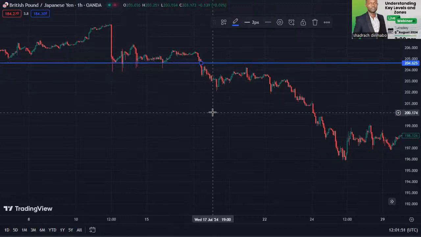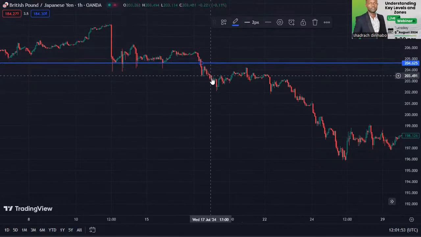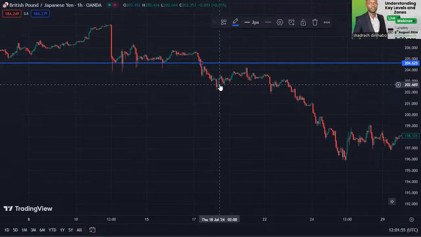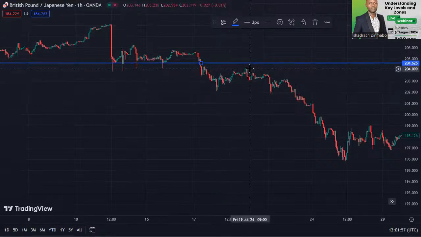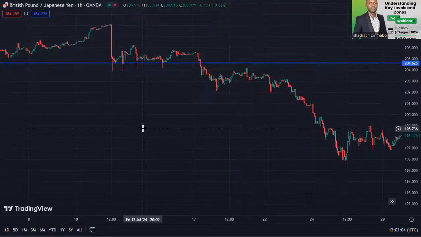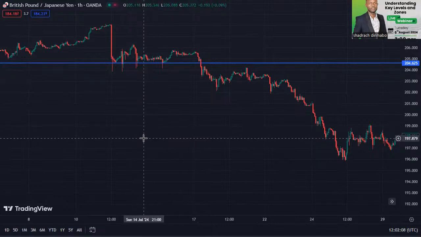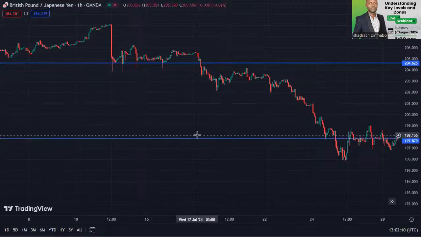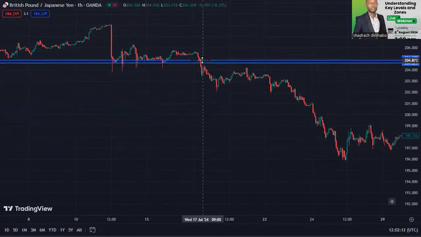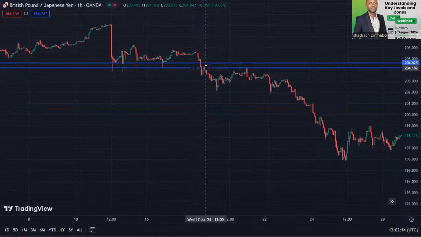Then when this market broke down, the market started going up again. And then on getting to this point, there seems to be a resistance here. And then the market started dropping. So that zone has acted as both a support level and a resistance level.